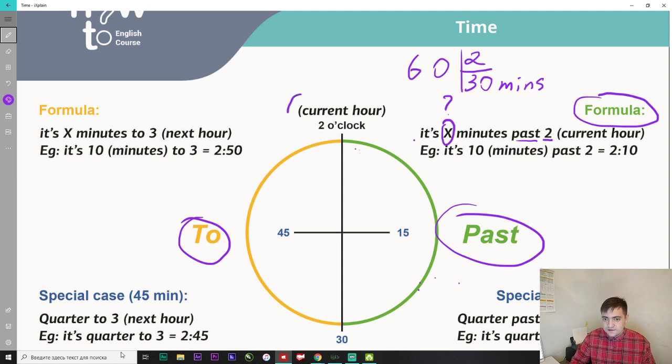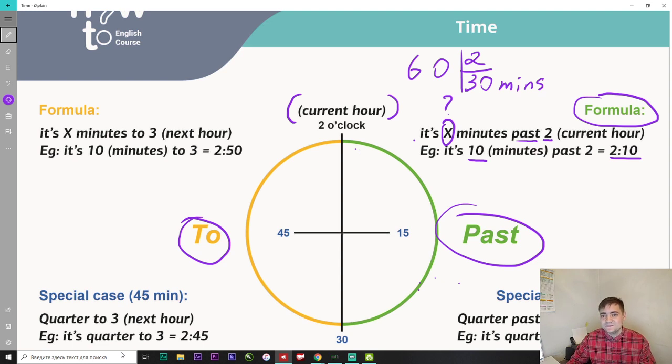It's represented right here, the current hour. So what time is it? Well, it's 2 o'clock right now, right? Current hour. And again, the formula is it's x minutes past 2. Example, it's 10 minutes past 2. So we get this time.